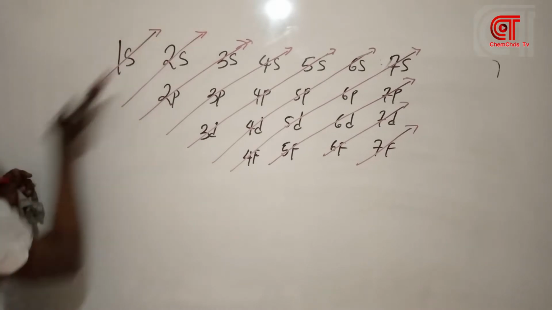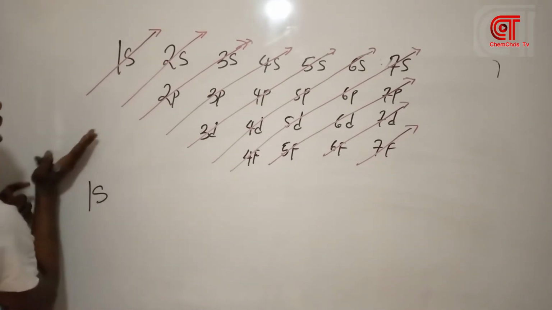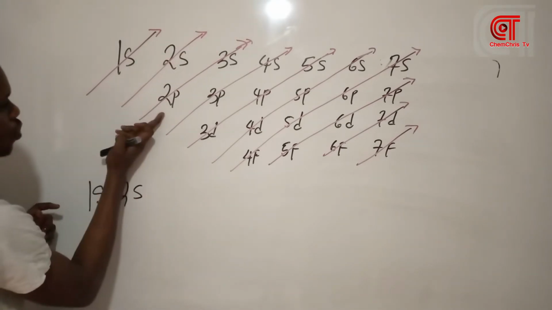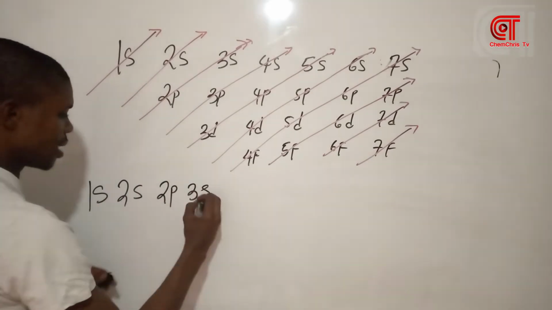So the first arrow is at 1s. The second arrow is at 2s. The third one is having 2p, 3s, right?